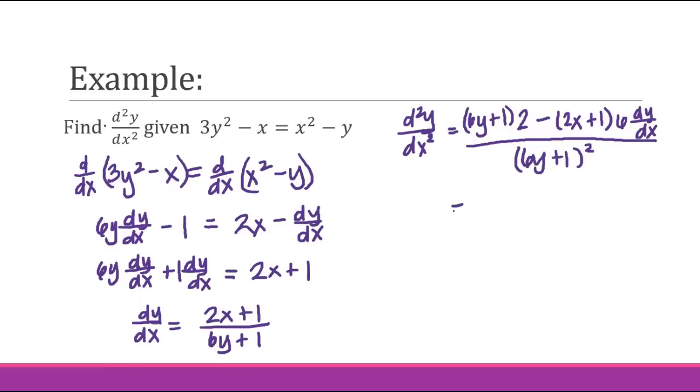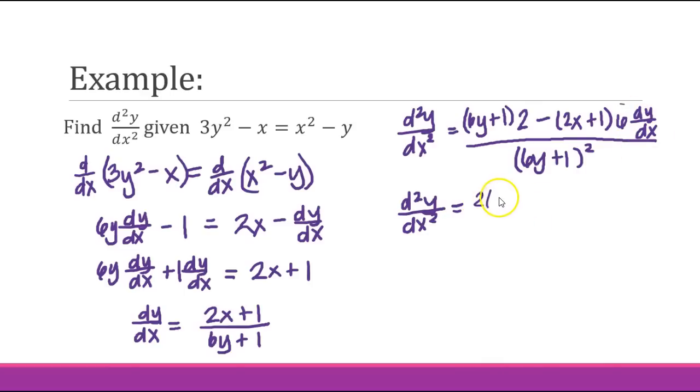And on these problems, there's basically just a little bit of a substitution trick. I guess I don't want to call it a trick, it's just a substitution. I don't want to leave dy dx in my answer. So I actually already have a quantity for dy dx in terms of x and y. I have dy dx is 2x plus 1 over 6y plus 1. So I can go ahead and substitute that into dy dx.